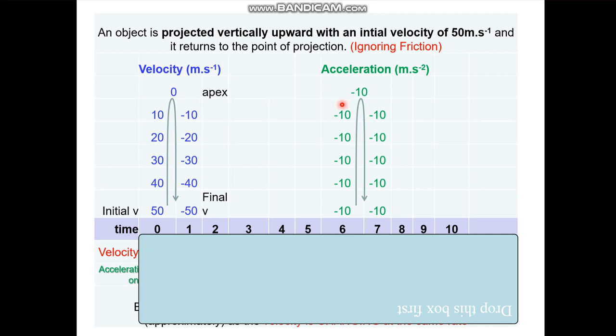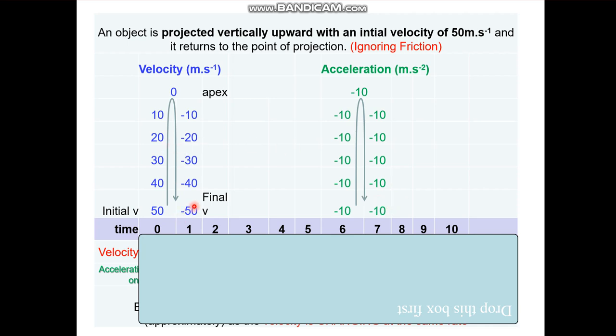Once it gets to the top, it's still under the same force, so it begins to accelerate. So its acceleration is minus 10 the whole time. Over there it loses 10, over here it gains negative 10. So its acceleration now is still minus 10 meters per second per second. It's gaining a negative 10 meters per second every second.